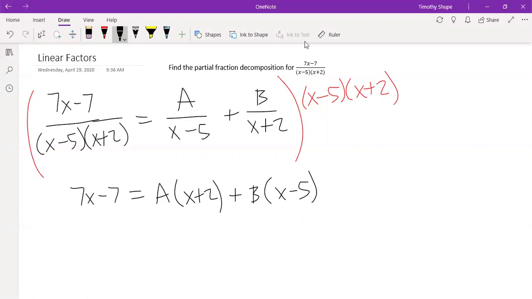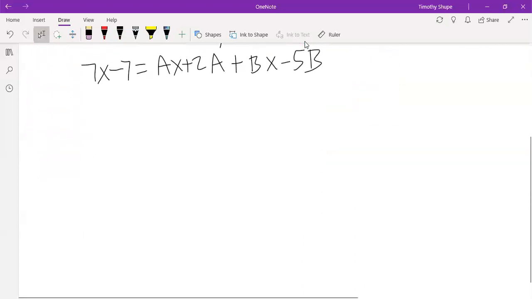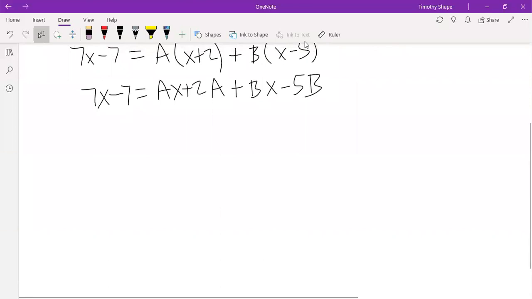So I have this new equation that no longer has fractions that we can use to help us solve for a and b. In order to do that, I'm going to distribute the a and the b on the right side of the equation and get ax plus 2a plus bx minus 5b is equal to that original numerator of 7x minus 7. Then I'm going to rearrange this so that my common terms are together.